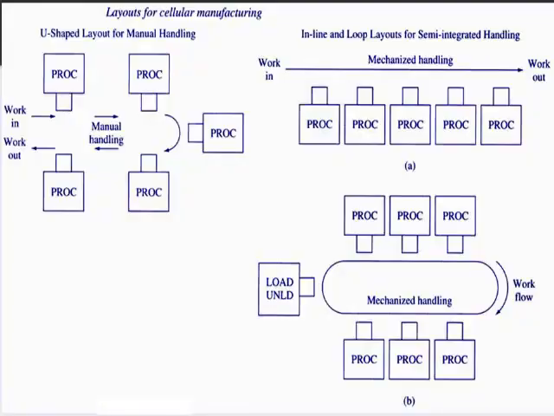You see certain layouts of cellular manufacturing or flexible manufacturing lines. We have a U-shaped system where five machines are placed, and at one place work pieces are loaded, and at the same place the work pieces are unloaded. The work parts are automatically transferred from one machine to the next in sequence. In the in-line layout, you see that the work part is loaded at one end and the finished part is unloaded at the other end.